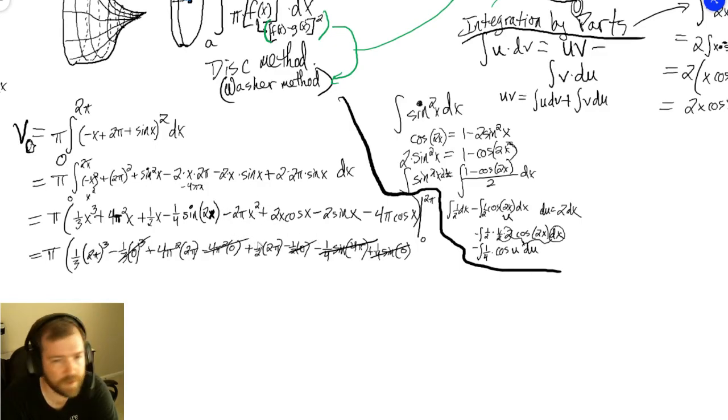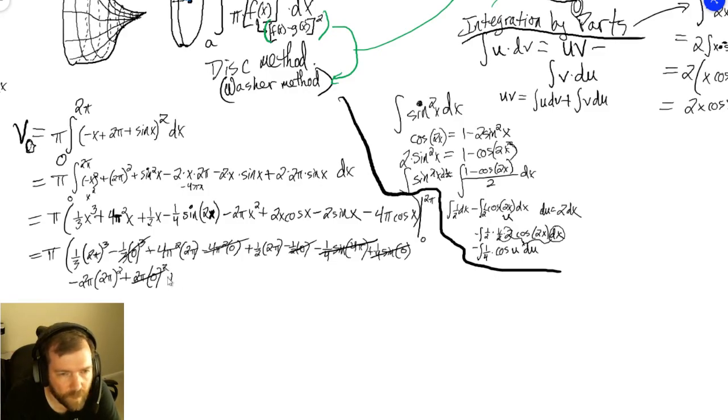Alright, next one here is going to be a negative 2 pi times 2 pi squared. Minus a negative is plus 2 pi times 0 squared is, again, still 0. Plus 2 times 2 pi times the cosine of 2 pi minus 2 times 0 times the cosine of 0.